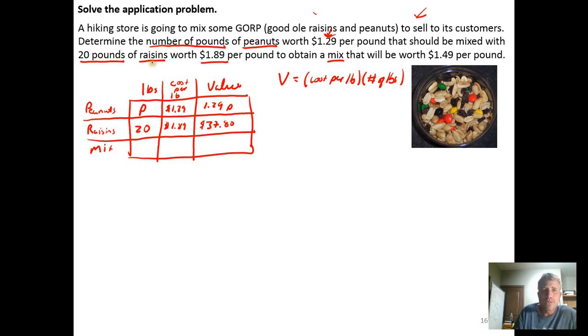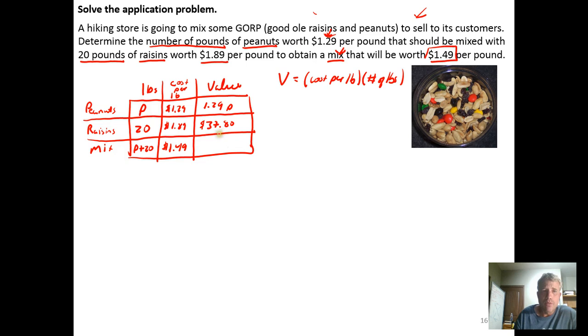And then the mix, they don't tell us how many pounds of mix we have, but I can get that from here, because when I mix peanuts and raisins, I'm going to have P pounds of peanuts mixed with 20 pounds of raisins. So there will be P plus 20 pounds of the mix. And we're told we want the cost per pound to be $1.49.